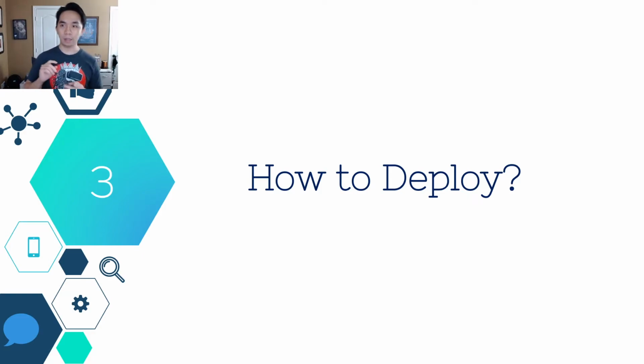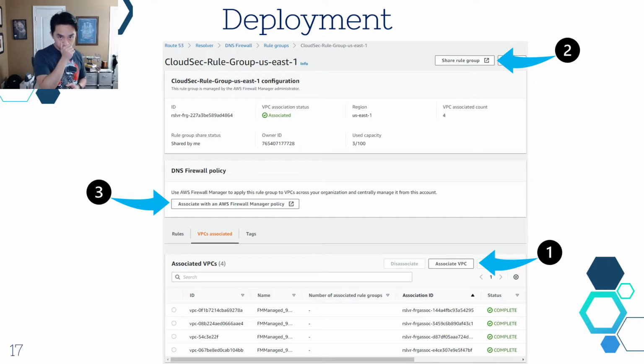Okay. Now we have the rule group. What else do we do? There are three options for deployment, which I'd say depend on your organization size. Either you have one account, more than one account, or you have a whole bunch of accounts using AWS Organizations, right?